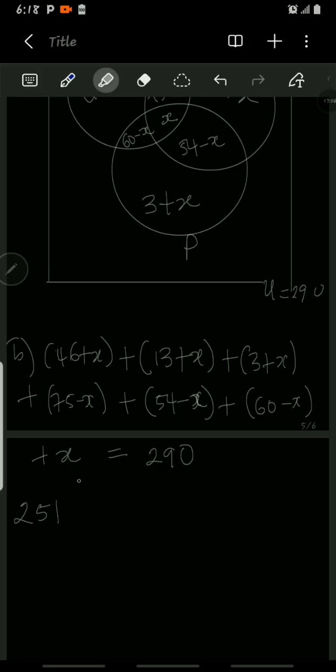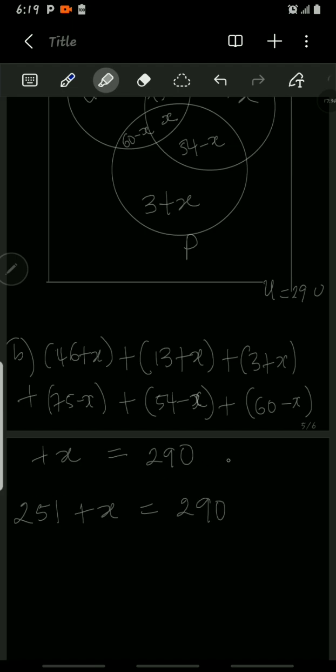Then let's add the letters. If you add the plus, this is plus x, that's 2x, plus x, that's 3x. So 3x minus x, that's 2x. 2x minus x, that's x. x minus x, that's 0. So we just have plus x left, and this is going to give us 290.